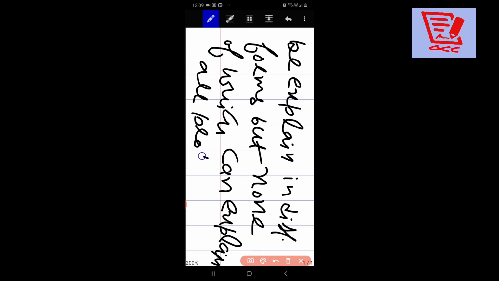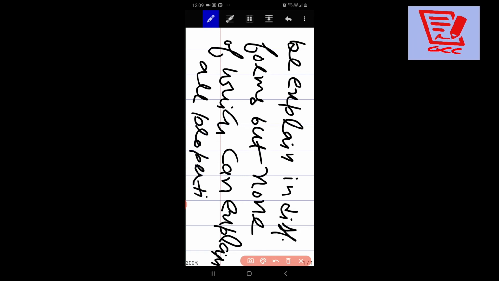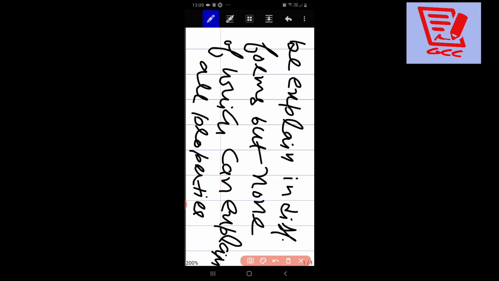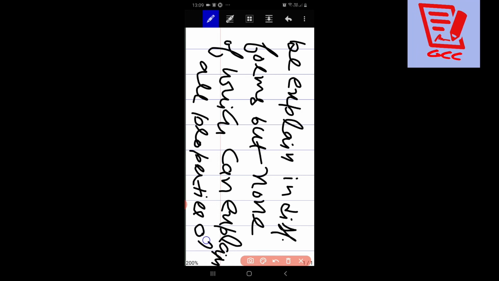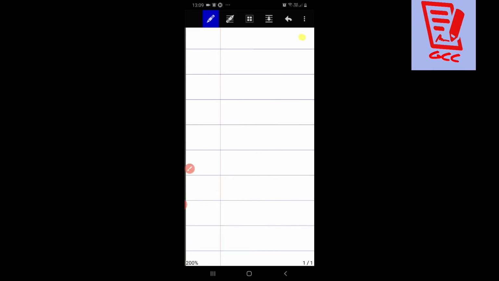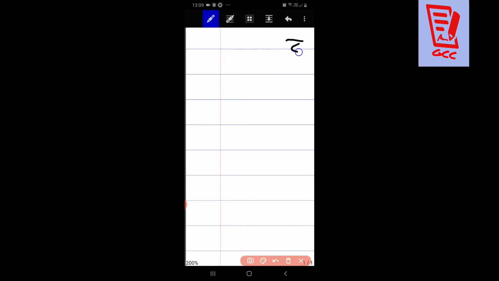All the means these are imaginary structures, they can't explain all the properties of the molecule. Then who will explain all the properties?